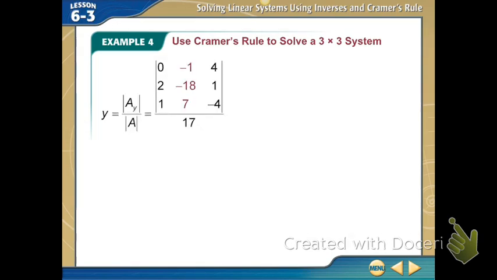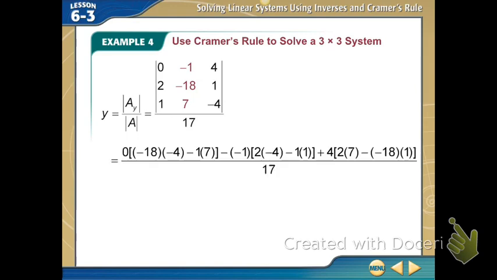Similarly, we can solve for y by putting all of the answers in for the coefficients for y. We get y is 7.